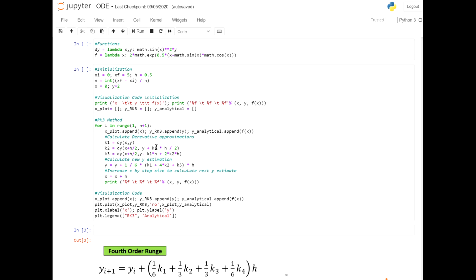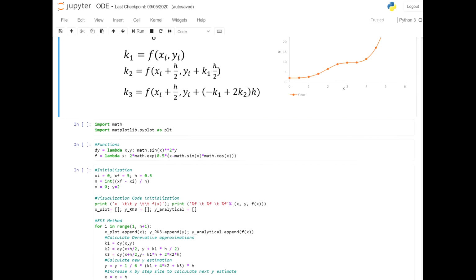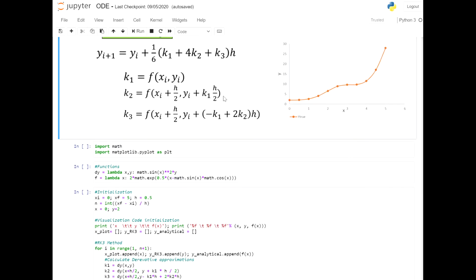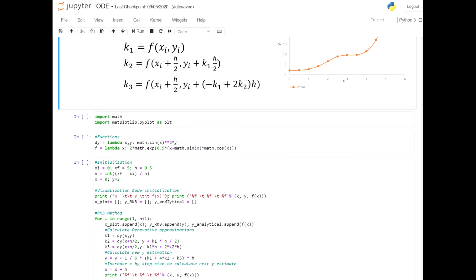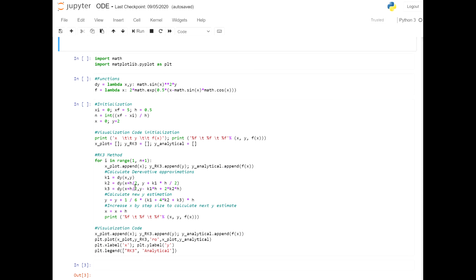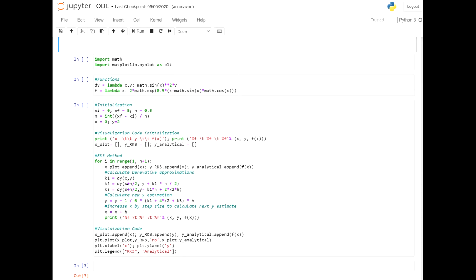So basically this equation here is identical to what we have here. For k3, the x value is still at the midpoint, x plus h divided by 2. And here's how we're describing the y: y minus k1 multiplied by h plus 2 times k2 multiplied by h.